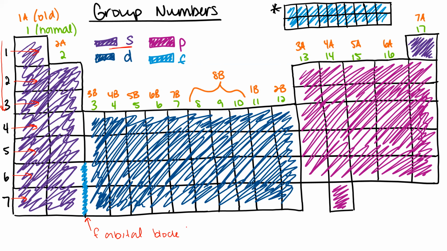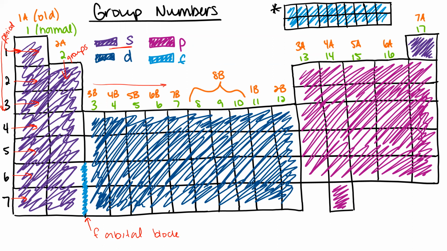And then we also have to be able to recognize what group our element is in. So we have our periods, which are the energy levels, and they go this way. These, like right here, these are groups. And in the old numbering system for the groups, it went 1A, 2A, 3B, 4B, 5B, 6B, 7B, so on and so forth.